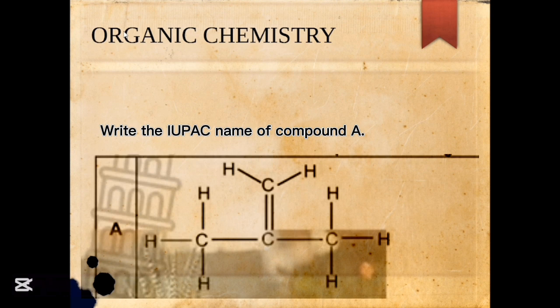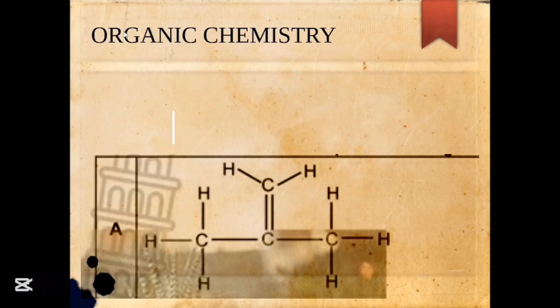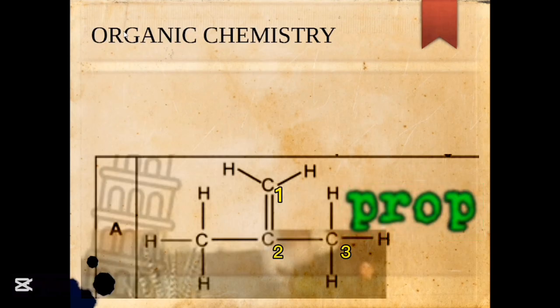Question number 2, we are supposed to write down the IUPAC name of compound A. By looking at compound A, we can see that it has a double bond, so it's an alkene. And then we have to find the parent chain. We start where the double bond is, which is 1, 2, and 3. Now we can see that it has 3 carbon atoms, meaning prop.